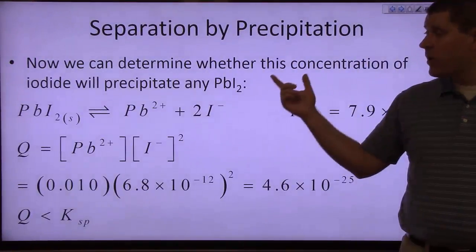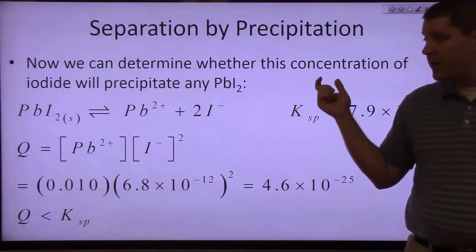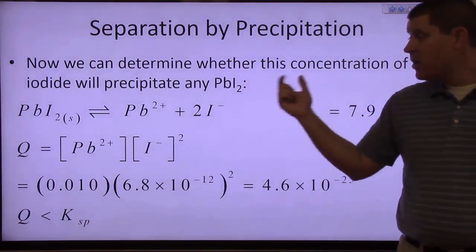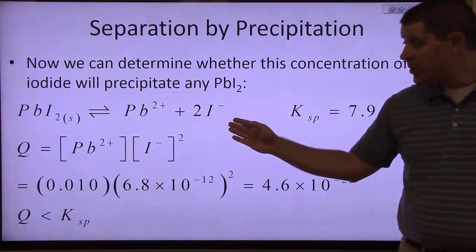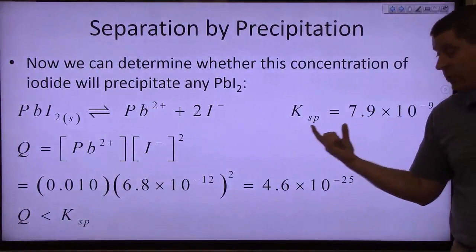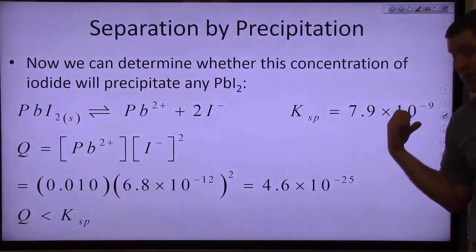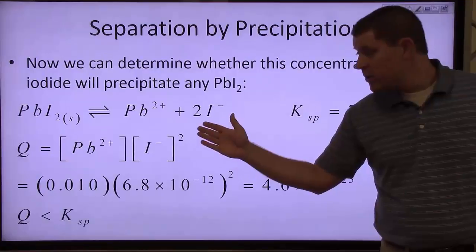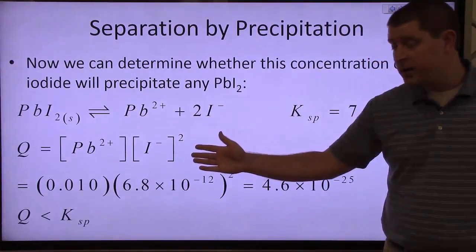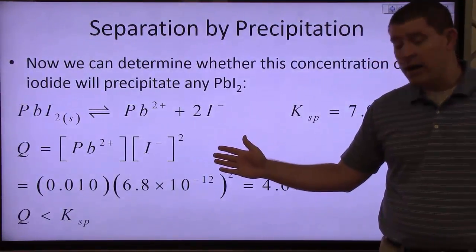So now we can go ahead and determine whether this concentration of iodide will precipitate any of our lead iodide. So we write out our lead iodide KSP expression. We know that the value of KSP is equal to 7.9 times 10 to the minus 9. We can write out our reaction quotient. Q is equal to the concentration of lead ions times the concentration of iodide ions squared.